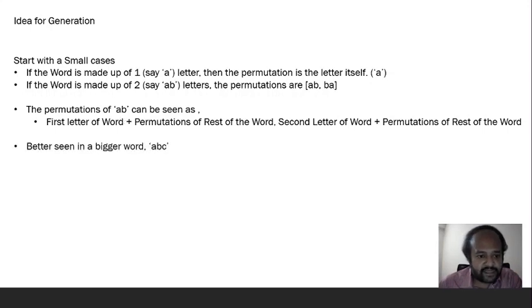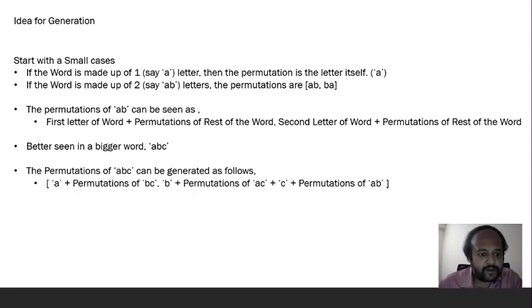Let us see a bigger example, where this is reflected in a much easier to understand way. If you look at the permutations of A, B, C, it can be generated as follows. Take the first letter of the word, A. So the possible permutations of A, B, C are A concatenated with the permutations of B and C. This will be one set of permutations.